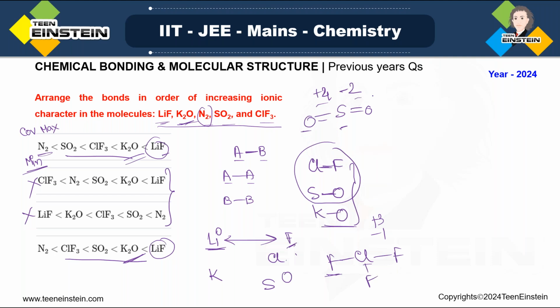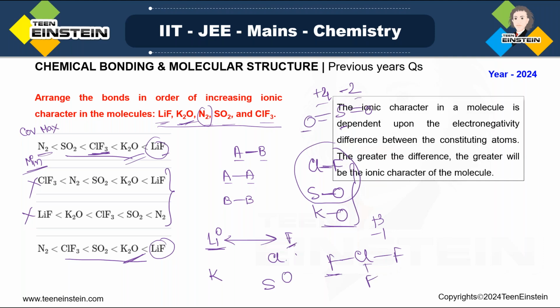So in this way we can choose between SO2 and ClF3. As ClF3 has a lower oxidation state, it will have more ionic character. That means ClF3 should come before SO2, and this is the correct option.